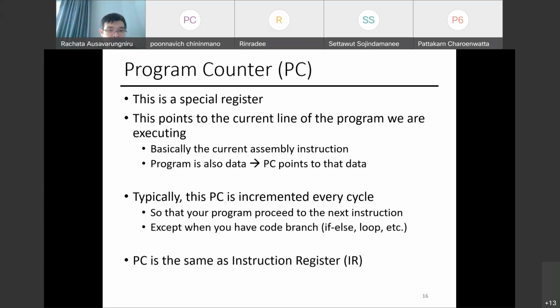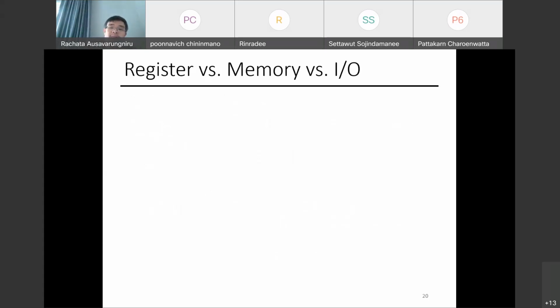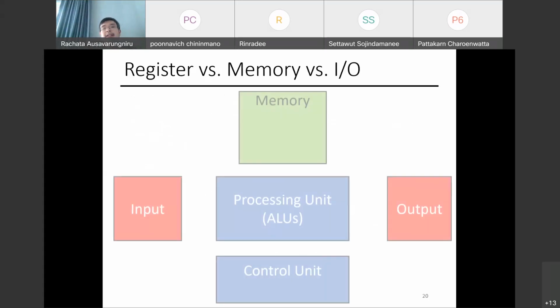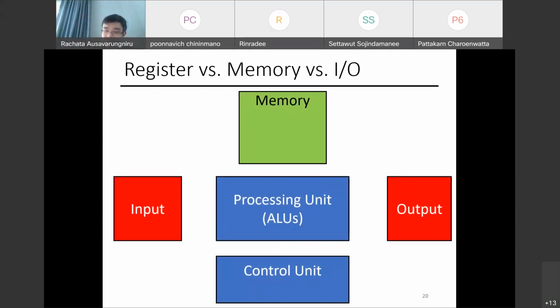And now that we've talked about register versus memory, let me draw a little bit more of the difference, right? I can have the input and output I/O in the red box, the memory in the green box, and the register, anything that has to do with the processor, in the blue box. So what color box should my register be?